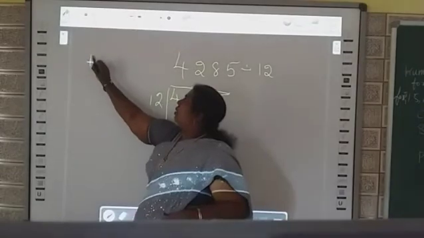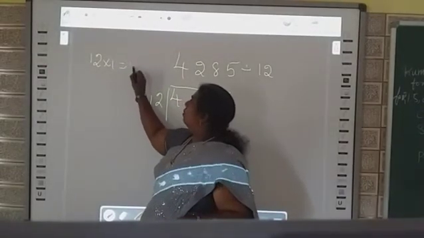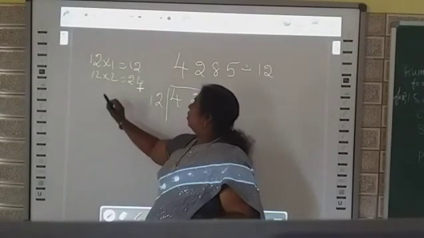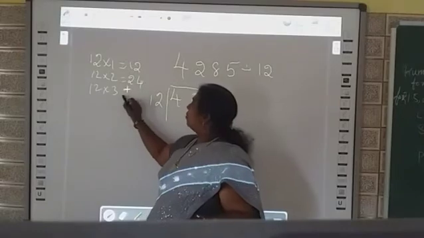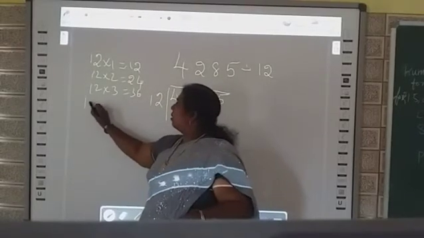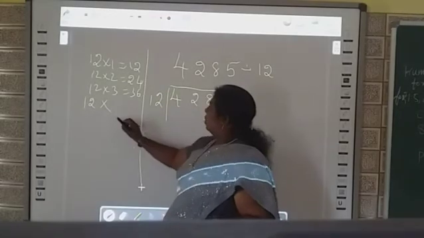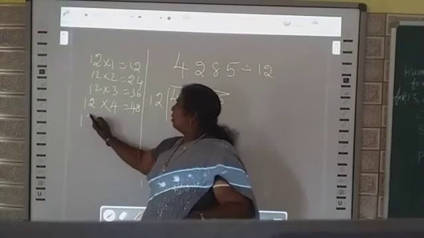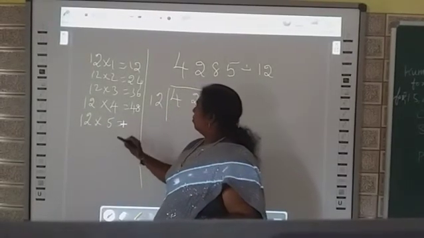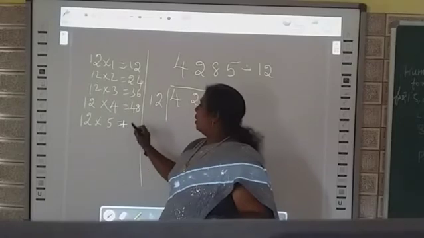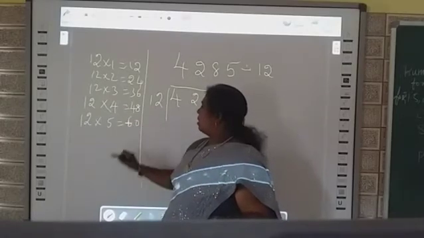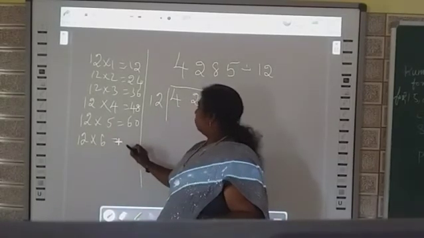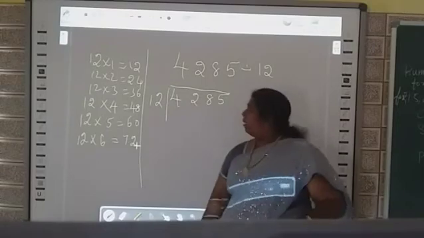So here you can write the 12th table. 12 times 1 is 12. 12 times 2 is 24. 12 times 3 is 36. 12 times 4 is 48. 12 times 5 is 60. 12 times 6 is 72. Okay.